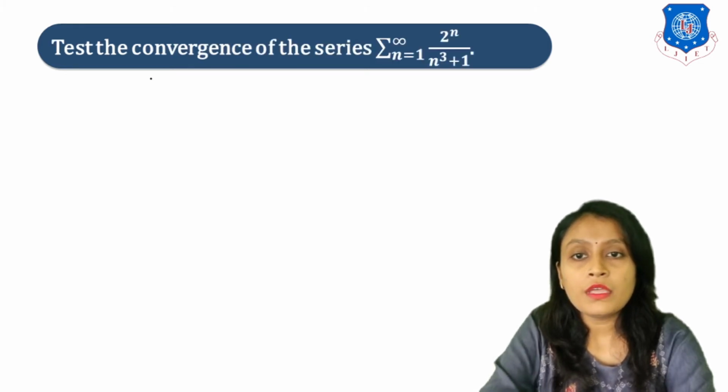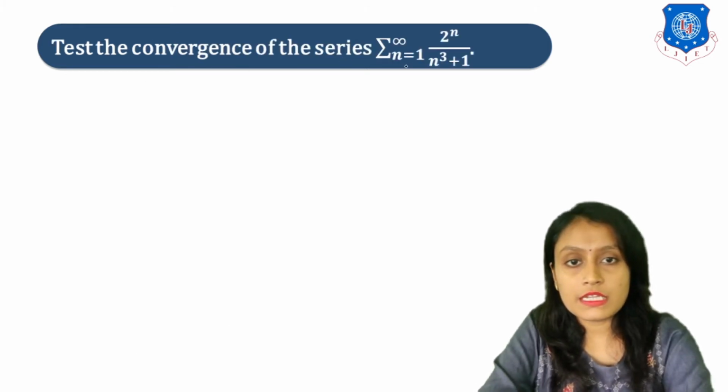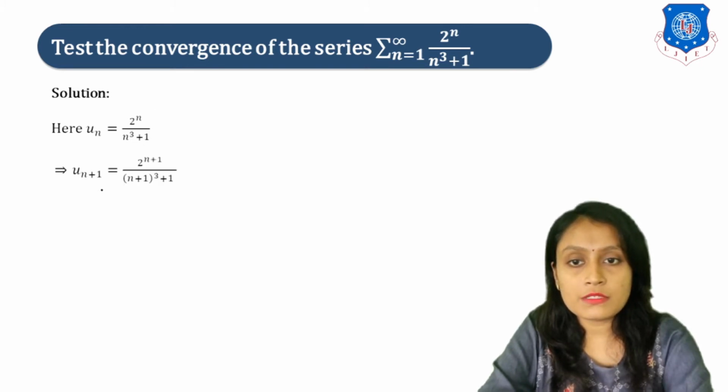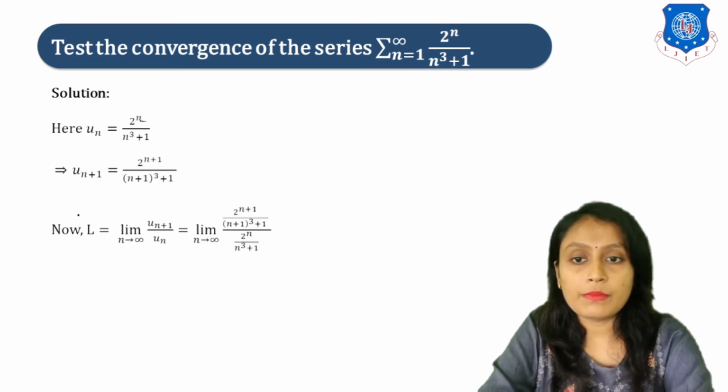Now test the convergence of the series 2 raised to n upon n cube plus 1. Here un is given, that is 2 raised to n upon n cube plus 1. Firstly we will find un+1. In place of n just write n plus 1, so we have 2 raised to n+1 upon (n+1) whole cube plus 1. Now apply the limit.